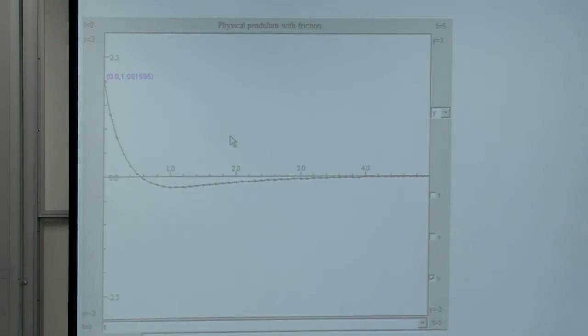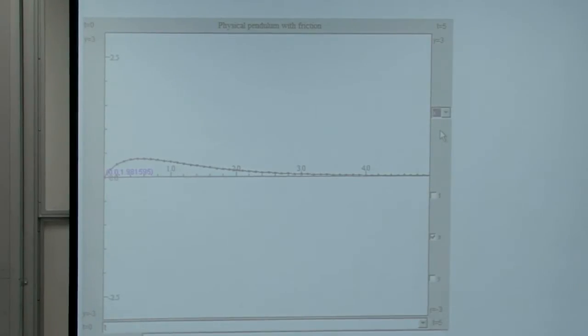If I want to draw the displacement versus time, I change this y to an x. And they're starting at 0. Okay, in other words, this initial condition started the spring at the middle position, but gave it a hit in the positive direction.